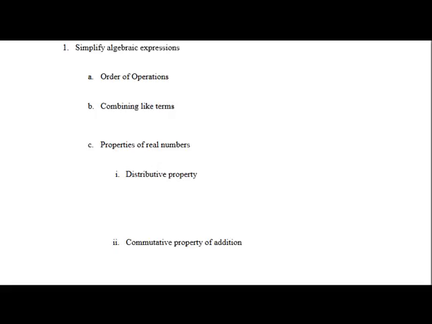To simplify an algebraic expression means to combine terms so that we have a sum and difference of the minimum number of monomials in that algebraic expression, or the minimum number of terms. For example, if I have 2x plus 3 plus 7x, that's an algebraic expression.